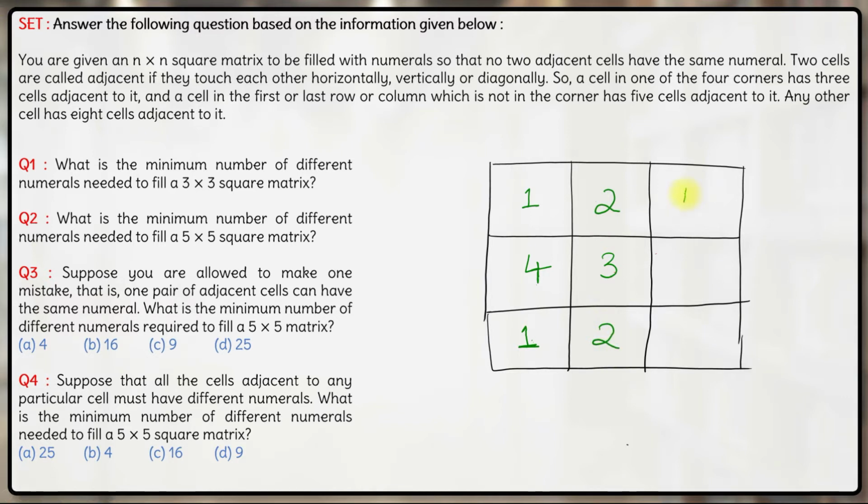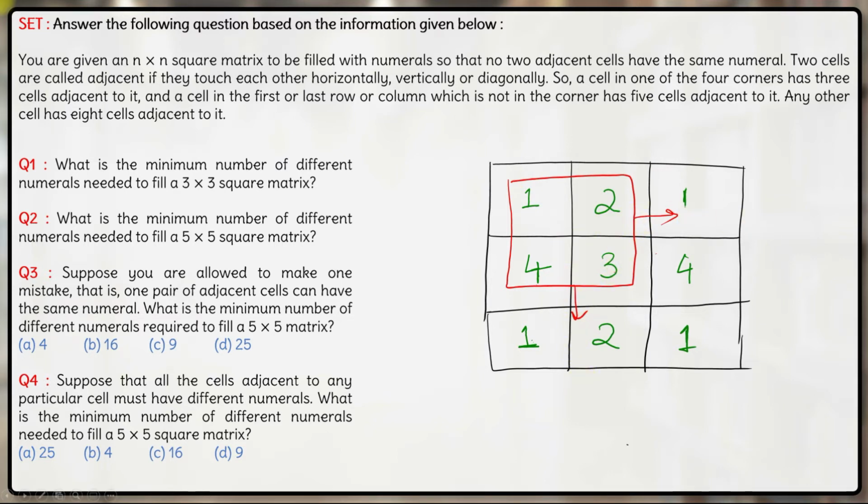Similarly, this cell here we can put in 1, here we can put in 4, and here we can put 1. What's happening is that this set of 4 numbers gets repeated horizontally as well as vertically. If this were a higher order matrix, a 4 by 4 or 5 by 5 matrix, this set of 4 digits will keep repeating horizontally as well as vertically.